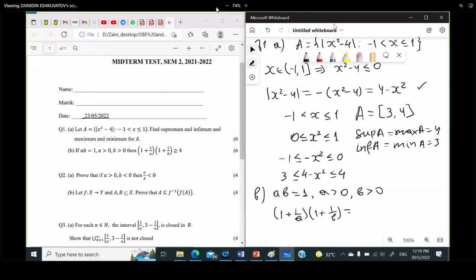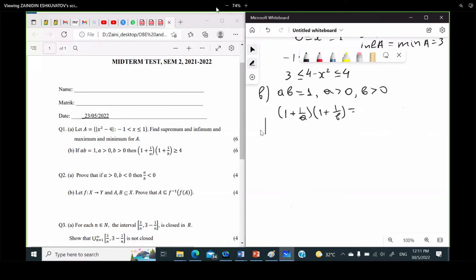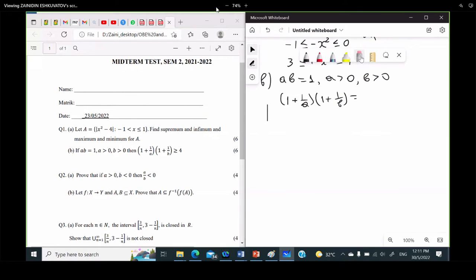So we open up this. Okay, it is equal, so 1 plus 1 over B plus 1 over A plus 1 over AB. Okay, and we know AB equal to 1.